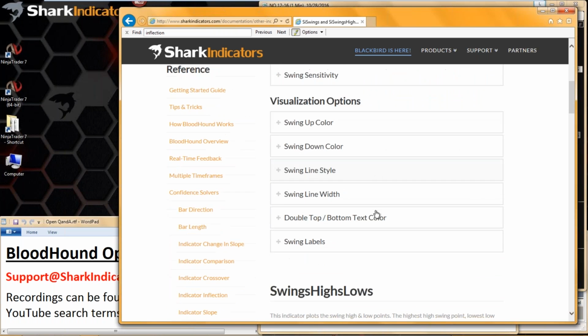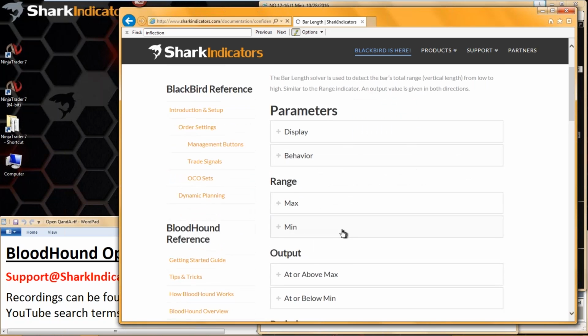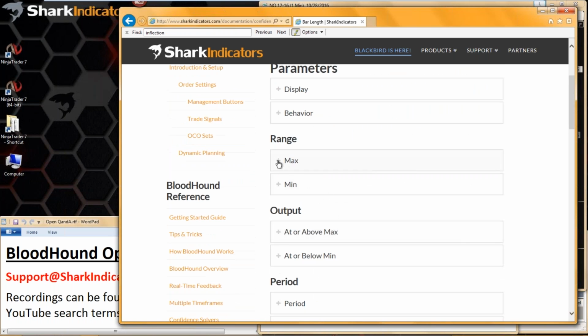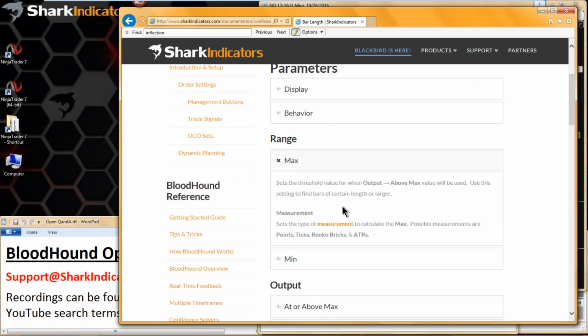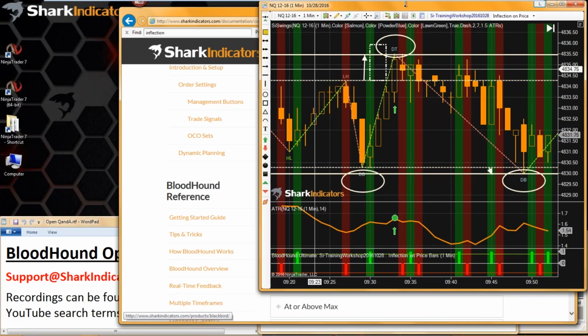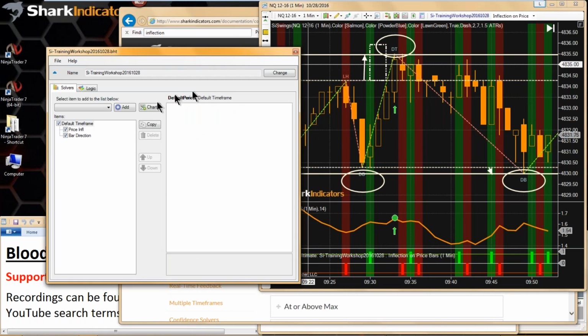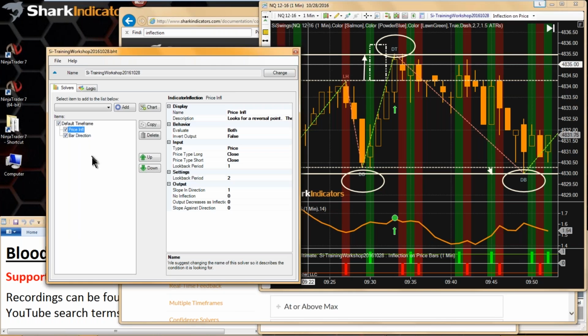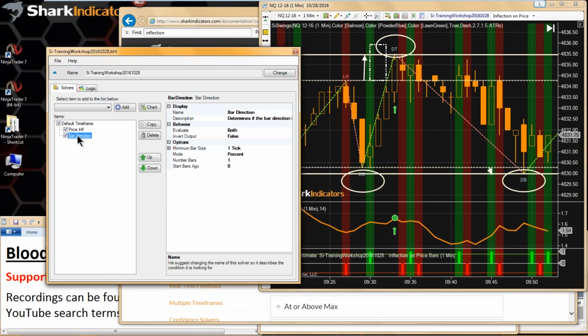So let me go to a solver, like the bar length, and if we go to the range, solvers have the same measurement units. Let's pull up BloodHound here.